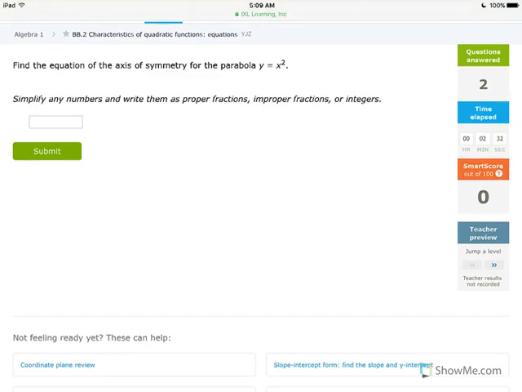This one, it says find the equation of the axis of symmetry. So the axis of symmetry will occur at negative the b value divided by 2 times the a value.